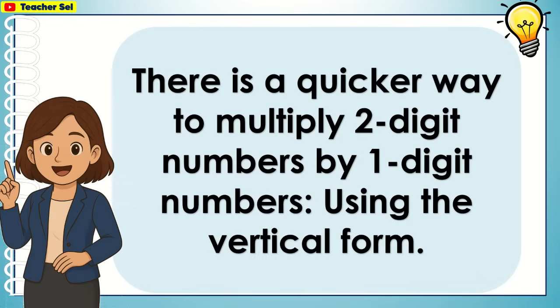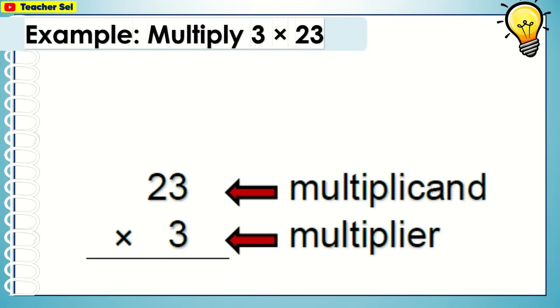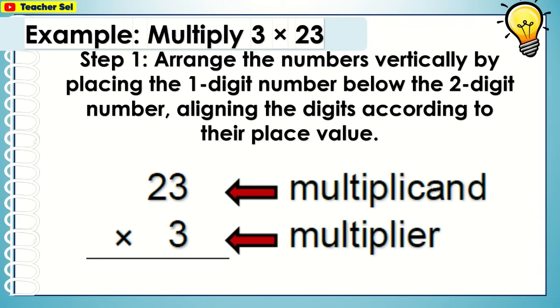There is a quicker way to multiply two-digit numbers by one-digit numbers using the vertical form. Example, multiply 3 times 23. Step 1. Arrange the numbers vertically by placing the one-digit number below the two-digit number, aligning the digits according to their place value. 23 is the multiplicand and 3 is the multiplier.